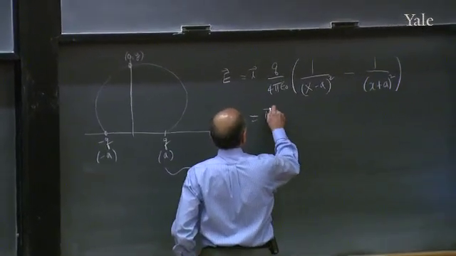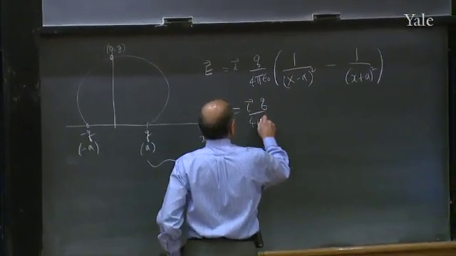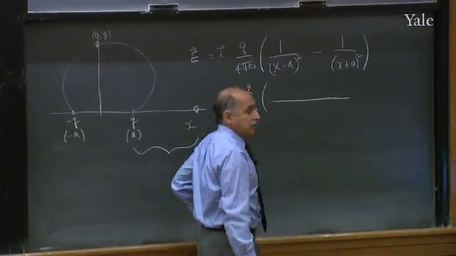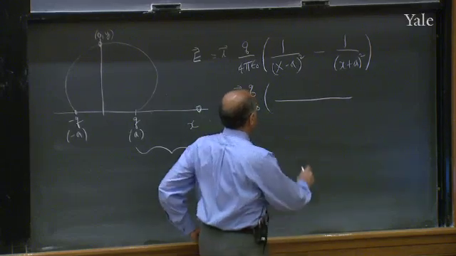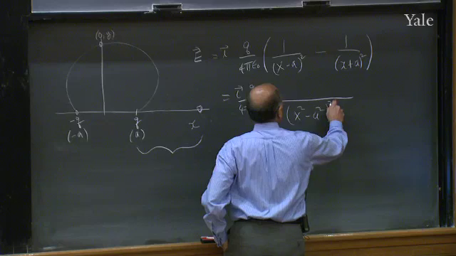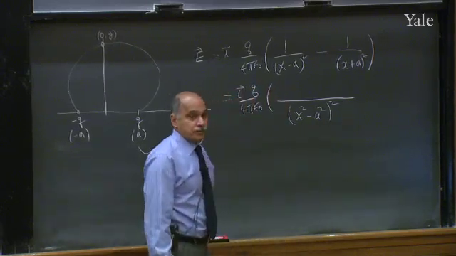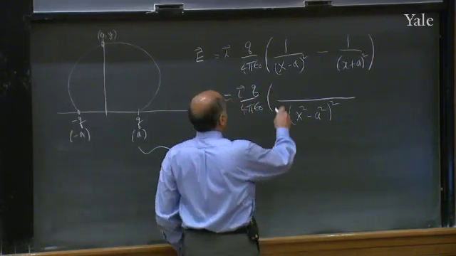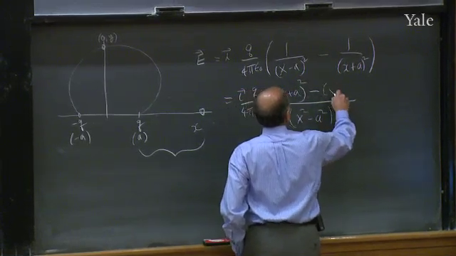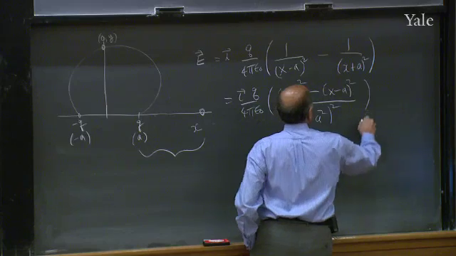So I will do that now. Q over 4 pi epsilon 0. Now you find a common denominator. I remind you, (x plus a) times (x minus a) is x squared minus a squared, and everything is under squares. In the numerator, you get (x plus a) squared minus (x minus a) squared.